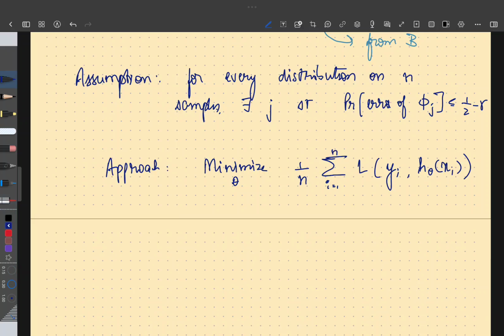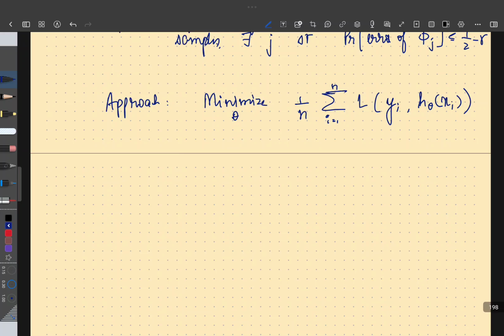So in AdaBoost, instead of taking L to be the 0-1 loss, we choose L to be the exponential loss. L of y comma y hat is e to the power minus y times y hat.